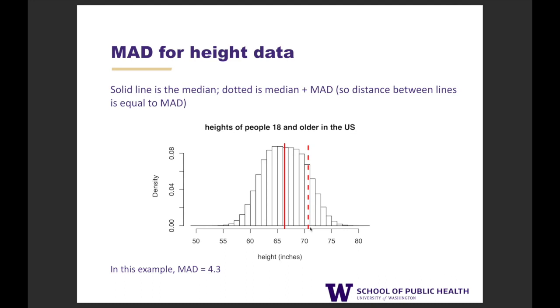So this is sort of saying, and really it should have been the mean plus the mean absolute deviation, but it's sort of saying on average, the distance between the solid line and the dotted line is how far we expect to see an observation in our population from its center, right? That's the sort of average distance between an observation and its center. So, and in this case, that value is 4.3. Great.